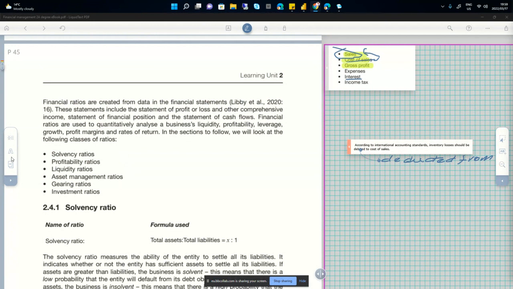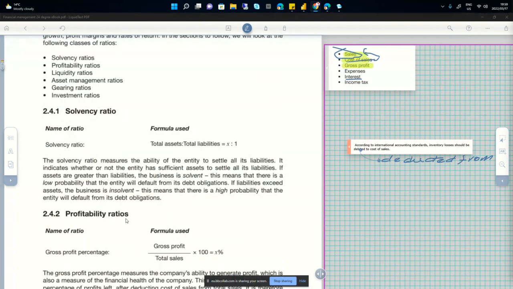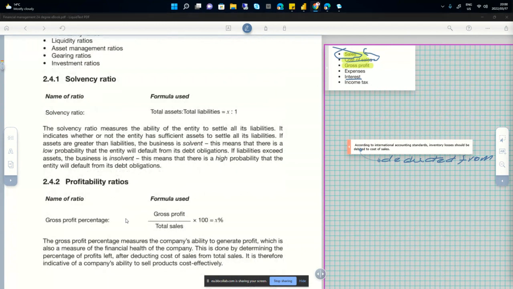This is quite important when we're looking at the solvency ratio. How solvent is the business? Can it meet its financial responsibilities or liabilities? Can it meet them? And then you have the profitability ratio.